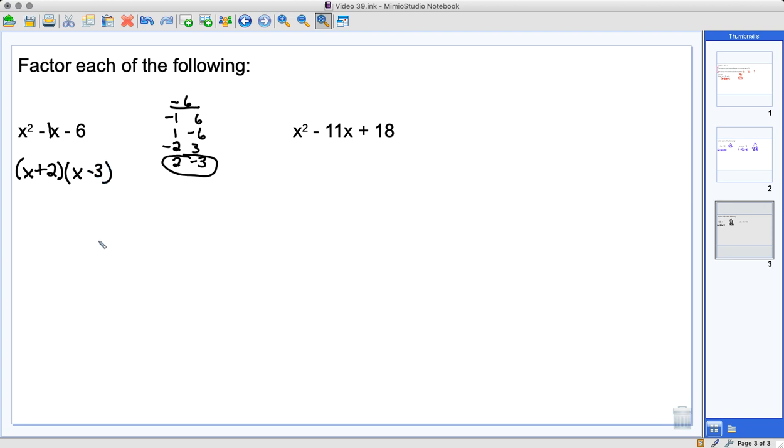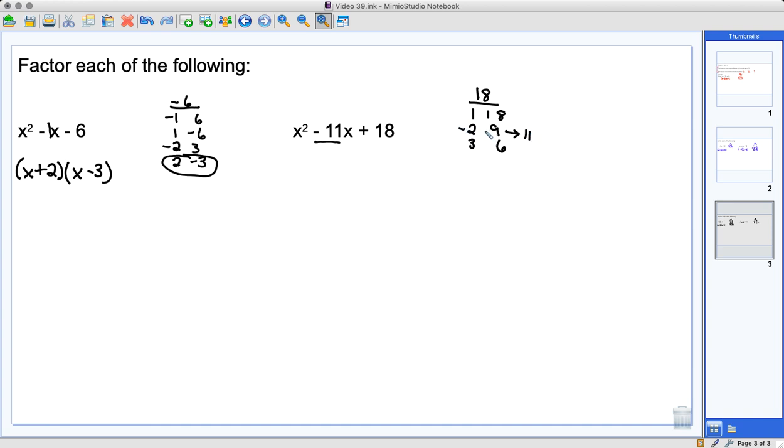This last one, I'm going to throw you for a loop again. We've got factors of positive 18 that add up to negative 11. So 18 is 1 and 18, 2 and 9, 3 and 6. Those are the factors. As I look at those and add them together, none of them add up to negative 11. 2 and 9 add up to positive 11.